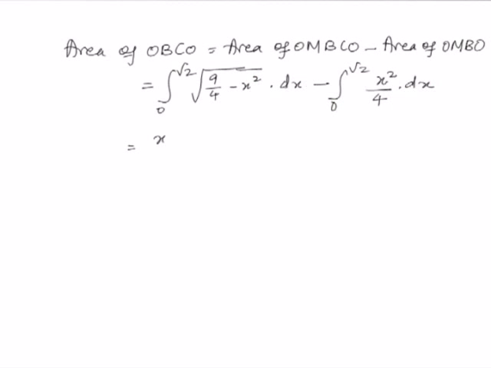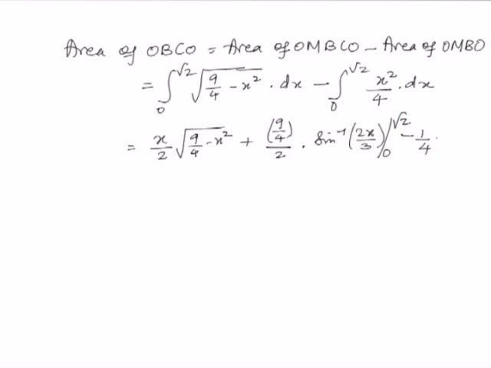Now it's time to apply the root of a squared minus x squared formula. So I get x by 2 into root of 9 by 4 minus x squared plus 9 by 4 by 2 into sine inverse of 2x by 3 within the limits 0 to root 2, minus 1 by 4 times x cubed by 3 within the limit 0 to root 2.